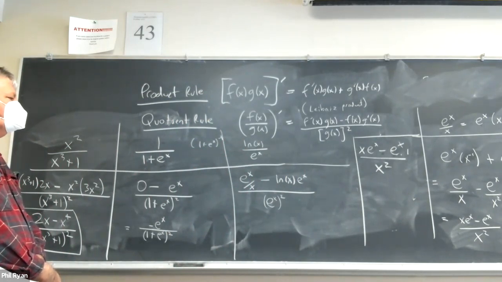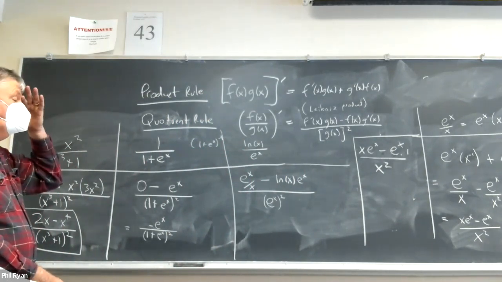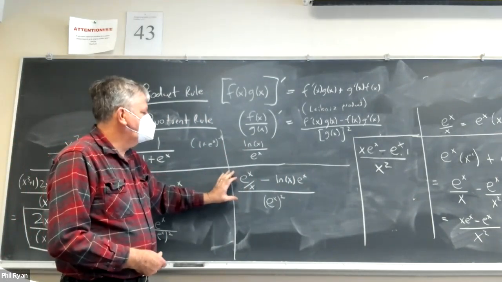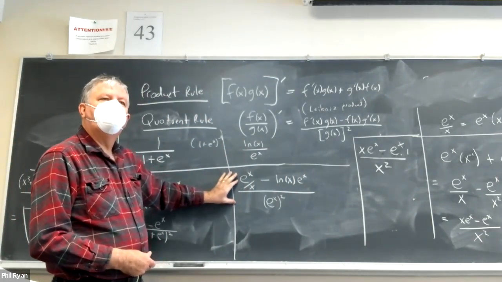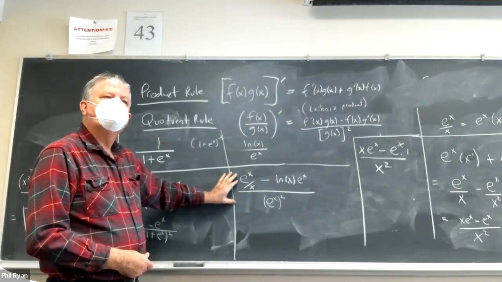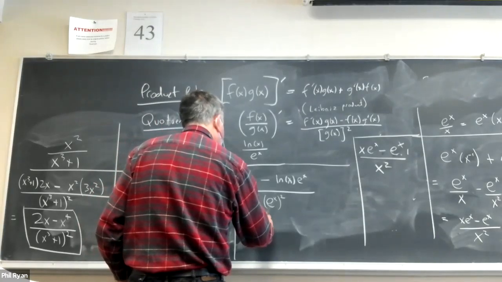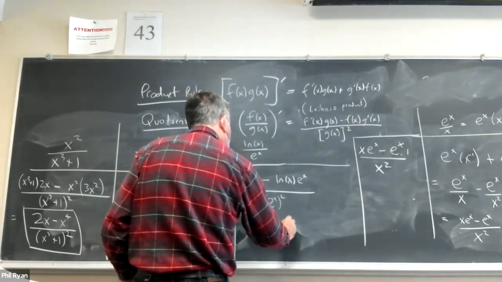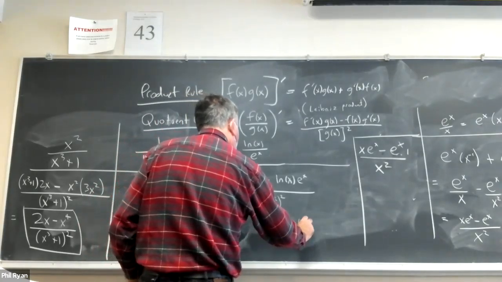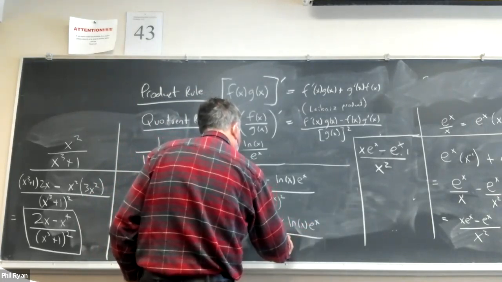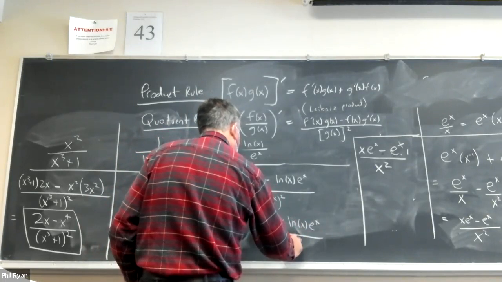So what we could do is, we've got an x here divided by x. So we could just multiply top and bottom by x, just to sort that out. So that we get e to the x minus x ln of x e to the x, divided by e to the x squared.